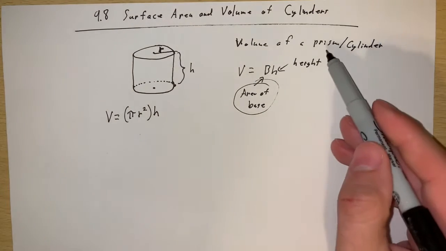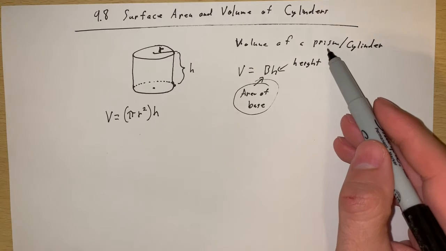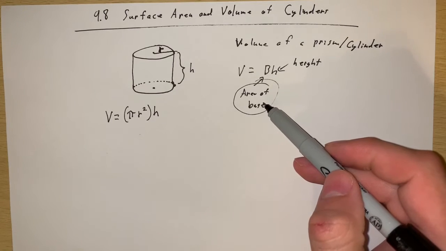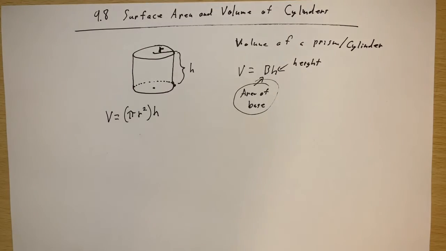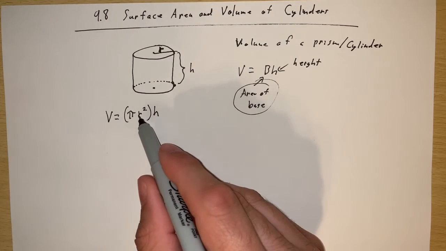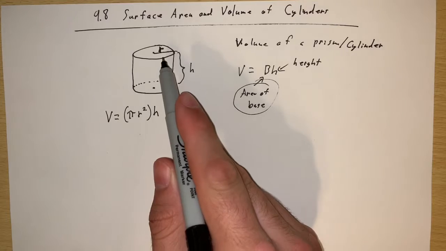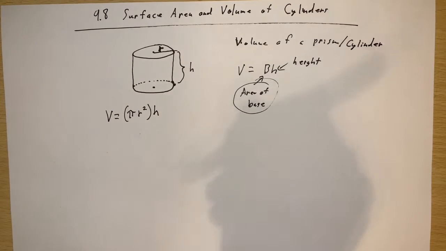So it's still the same thing as a prism, except now the area of the base is from the formula for the area of a circle, pi r squared. Remember, r is your radius. Let's do an example.